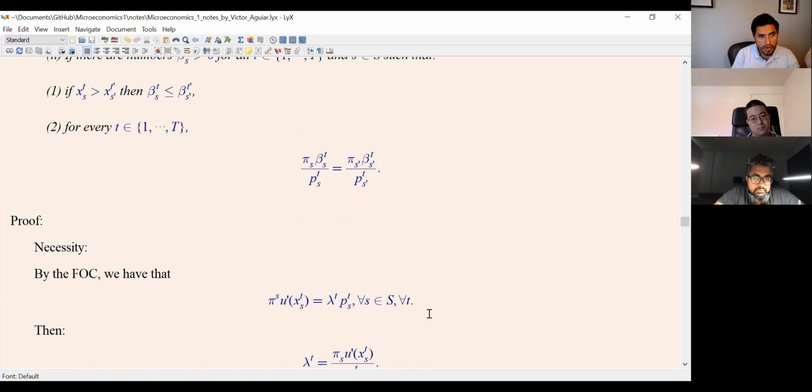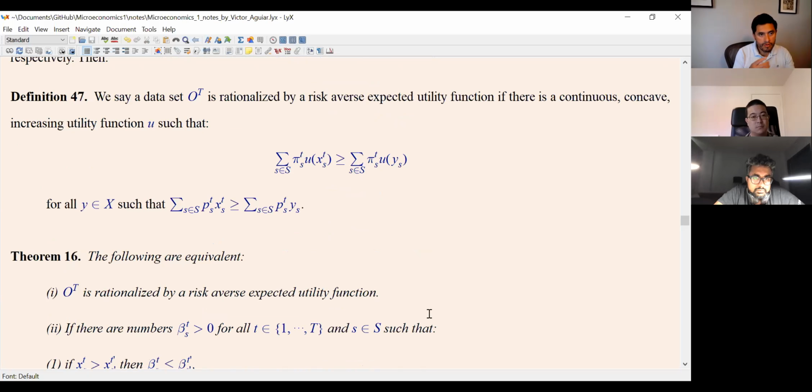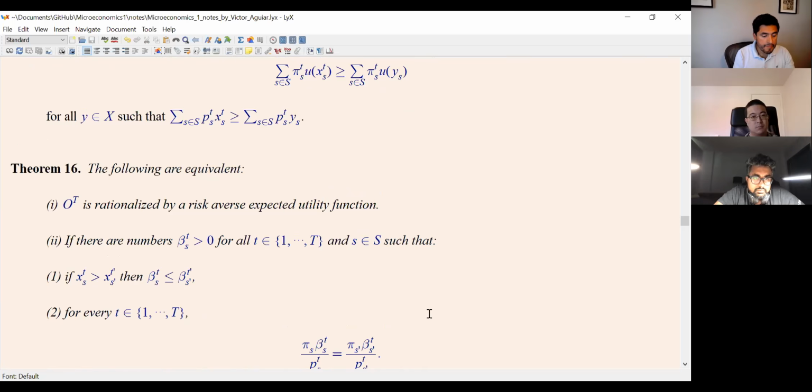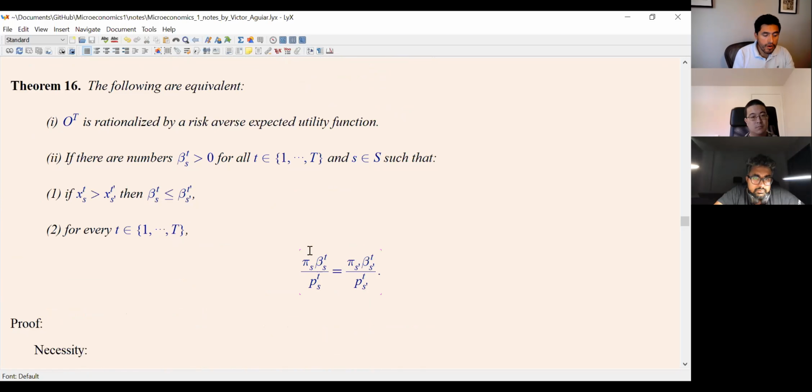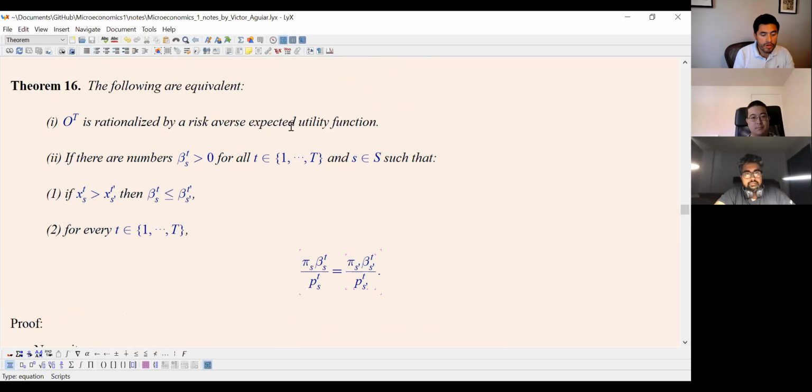Now, sufficiency, I'm not going to prove it in this class because it's a little bit beyond the scope. It requires an integration argument, but it's not that hard, but it needs some topics that I don't want to do here mathematically. So in other words, what I'm missing from the proof is that if I show that the data set satisfies these conditions, then I can build a utility function U. The way it's done is basically I use these betas that are values of the marginal utility. And then I interpolate a function across these points.